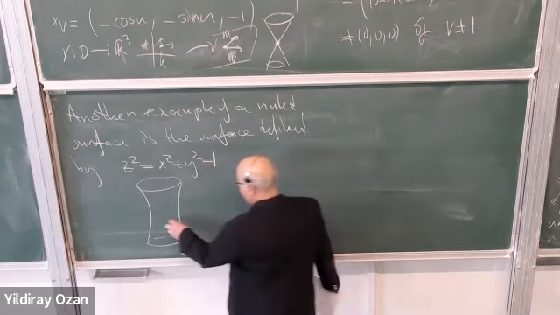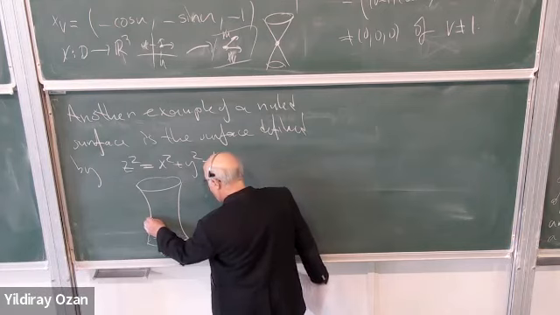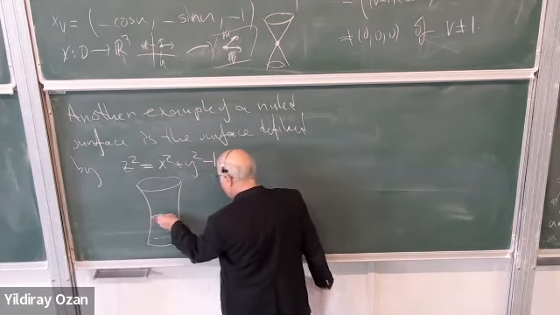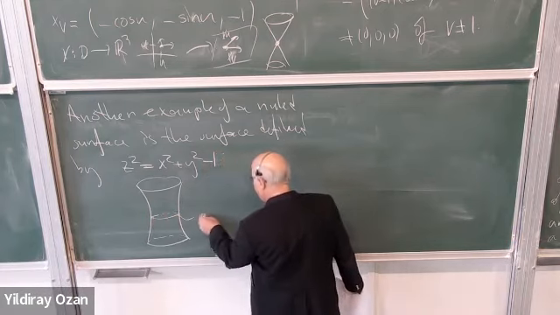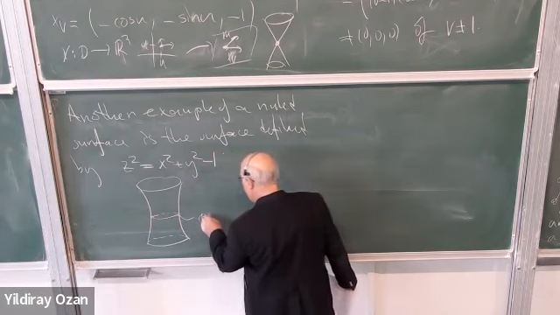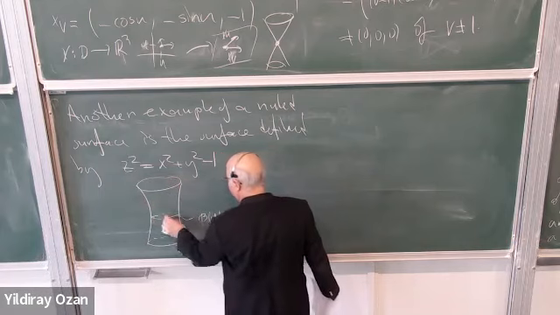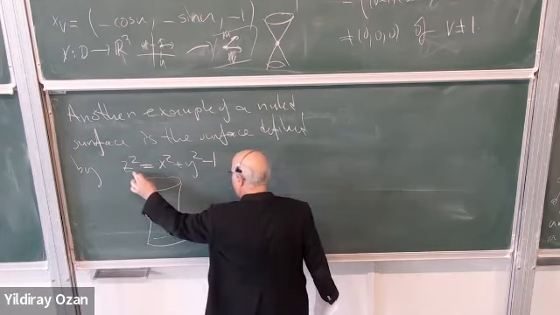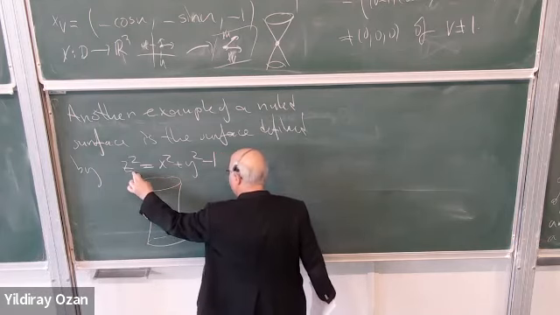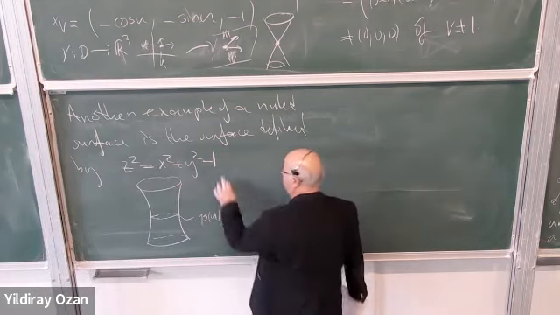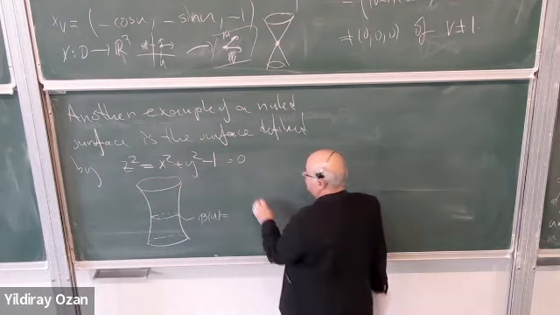What are the rulings? Well, as your curve beta, you may choose this circle again, beta of u, when z is zero. So it is the circle in the xy plane, just the unit circle.